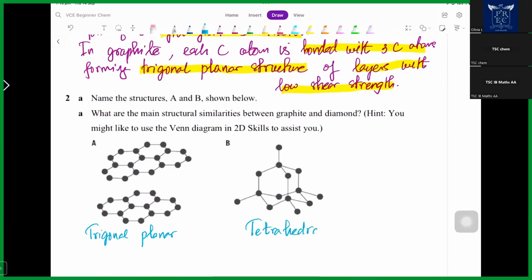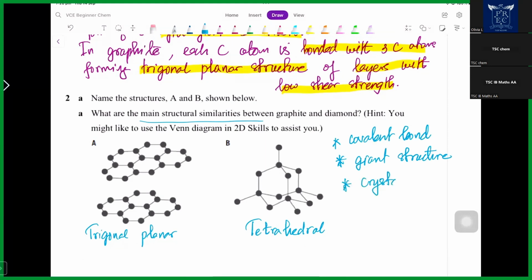In terms of similarity, the main structural similarity is covalent bond, extensive giant structure, not individual molecules. Sometimes they call these a crystalline structure.